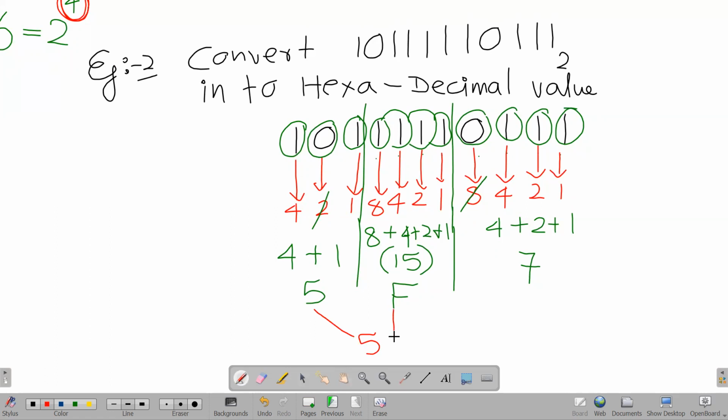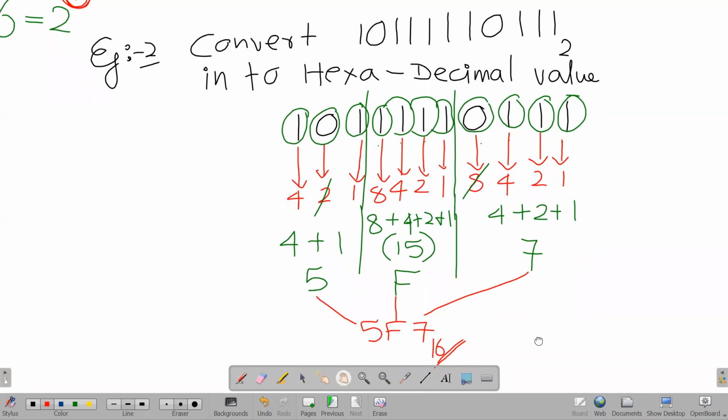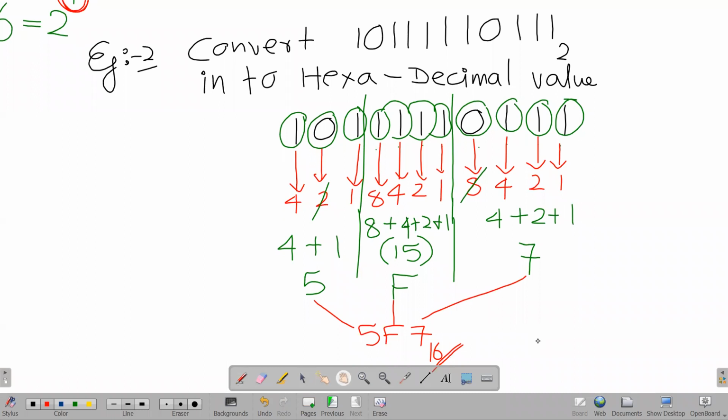It's 5F7 in hexadecimal. Are we clear, people? Yes, sir. Great. Okay, so you can copy it down as the second example.